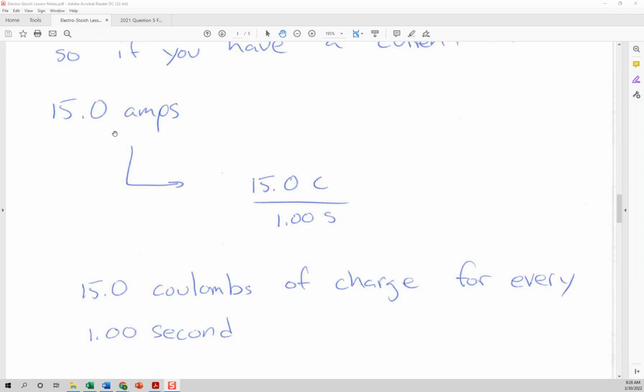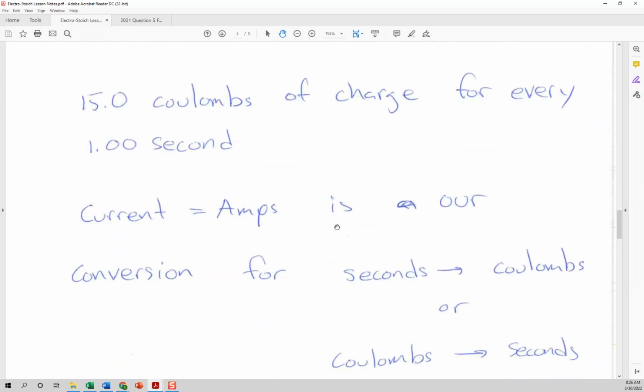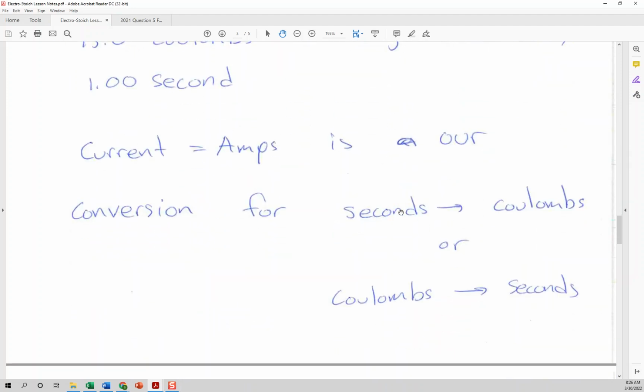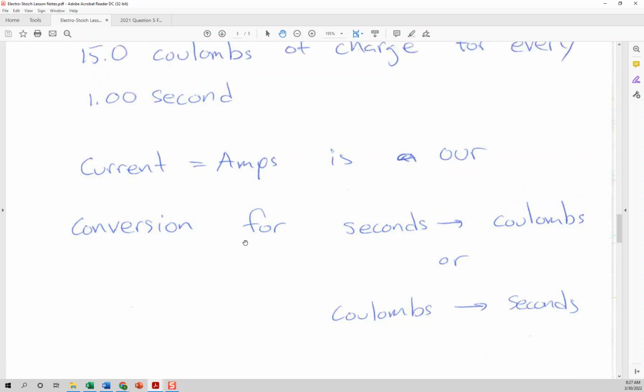So you need to know your amps, 12 amps, 15 amps, 30 amps, whatever. Amps will be our conversion factor to convert either the total time we ran the current into total coulombs of charge, or coulombs of charge to time, seconds to coulombs or coulombs to seconds.